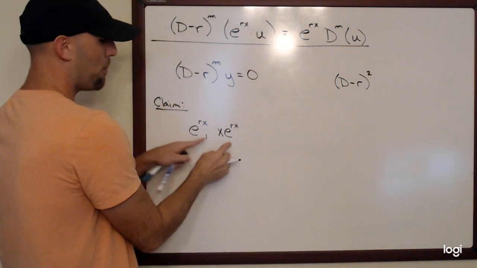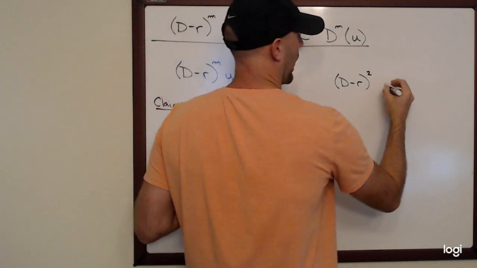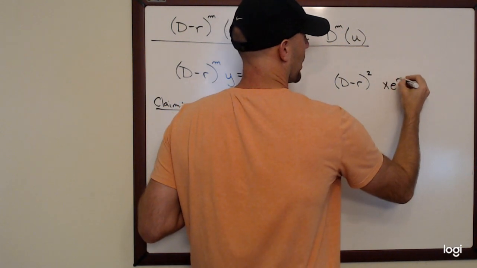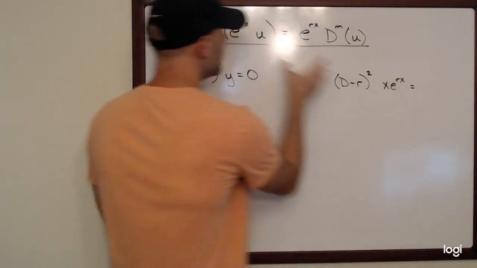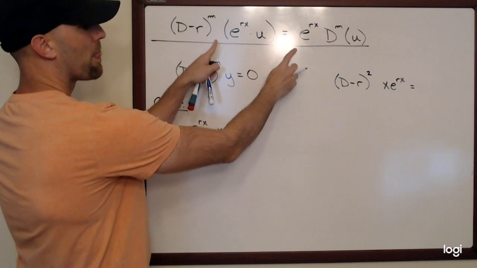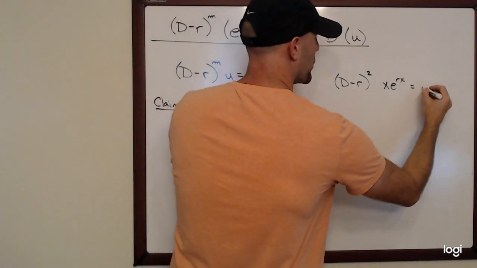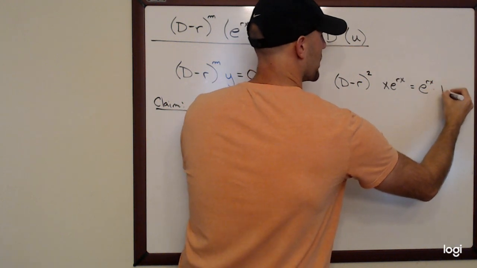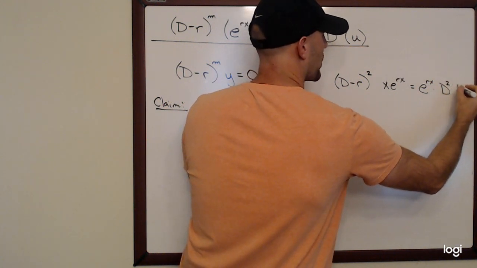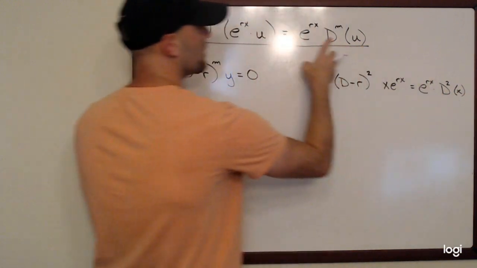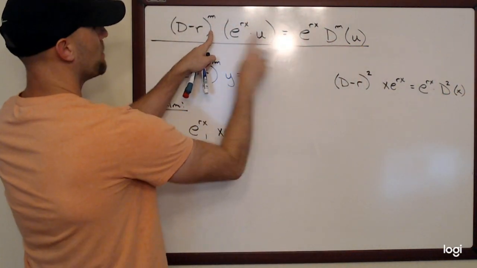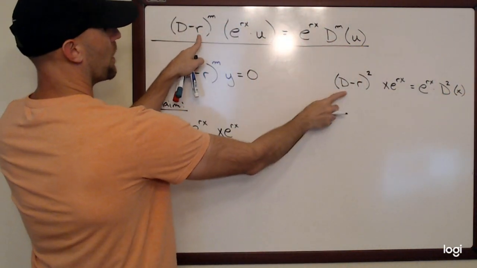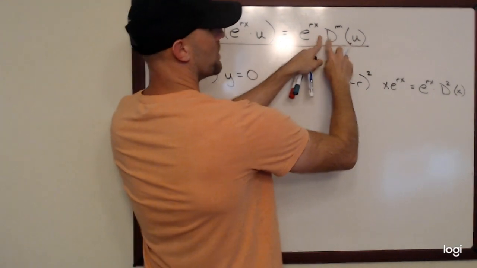And let's say I want to apply that to x e to the rx. Now by this statement here, isn't this equivalent to e to the rx times the second derivative of x? Right? That's what this says, doesn't it? M is 2. You've got e to the rx, d2.